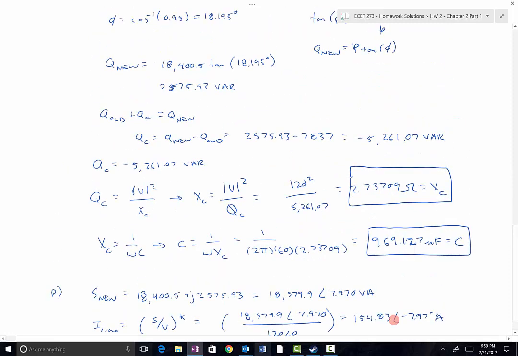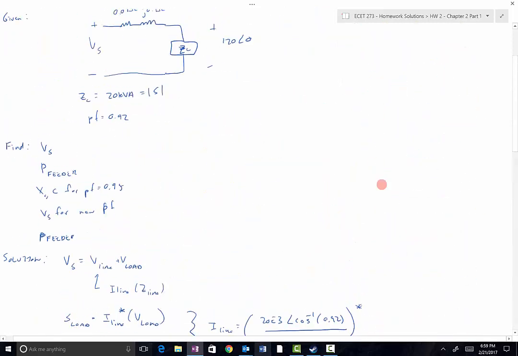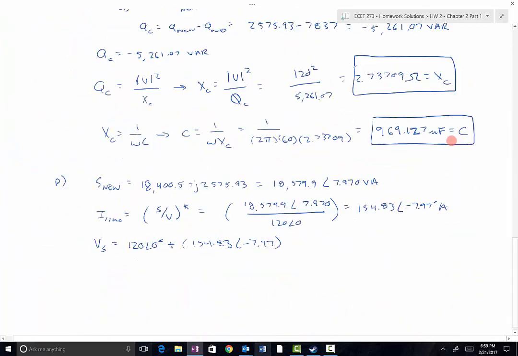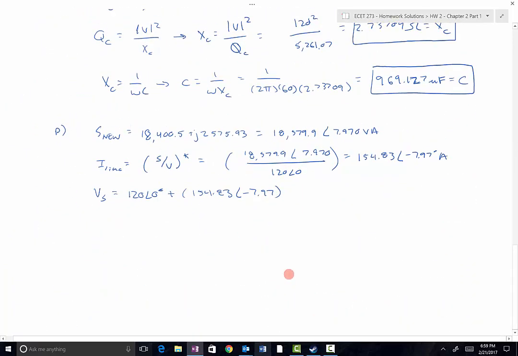So that's that current now flowing, just to remind you, through those two elements right there. We need to multiply that by the impedance of the feeder, 0.01 plus j0.1. And we get a new supply voltage of 124.6 at an angle of 6.97 degrees volts.